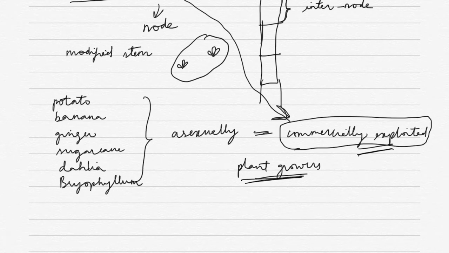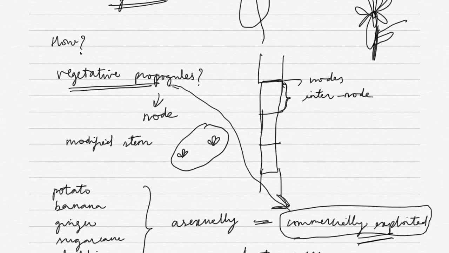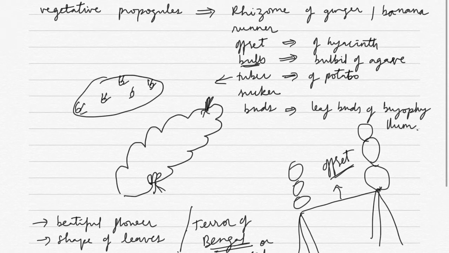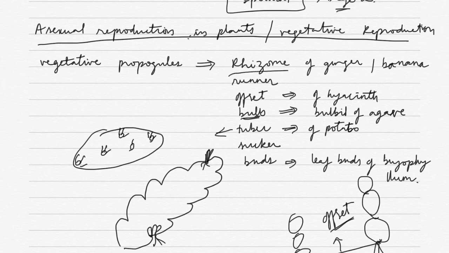Fine. So to summarize, vegetative propagules are parts of the plant body having the capacity to give rise to a new plant altogether. They are usually present in plants with modified stem. Modified stems have nodes. From the nodes of the plant with modified stem, vegetative propagules arise. What are the examples of vegetative propagules? We have rhizome of ginger, banana, runner, offset, bulbil, offset of water hyacinth, bulbil of agave, tuber of potato, sucker, and buds, leaf buds of bryophyllum.